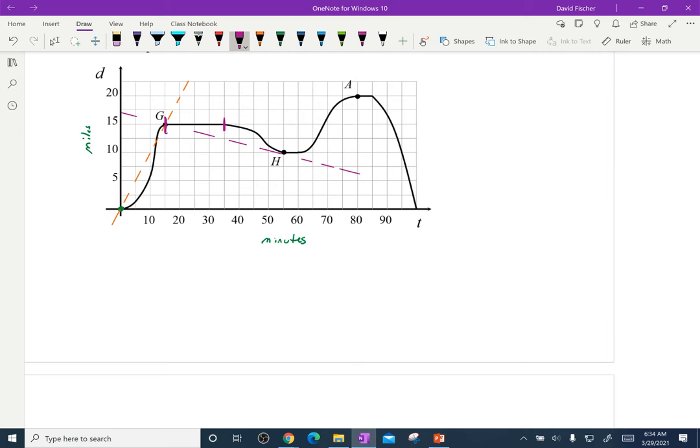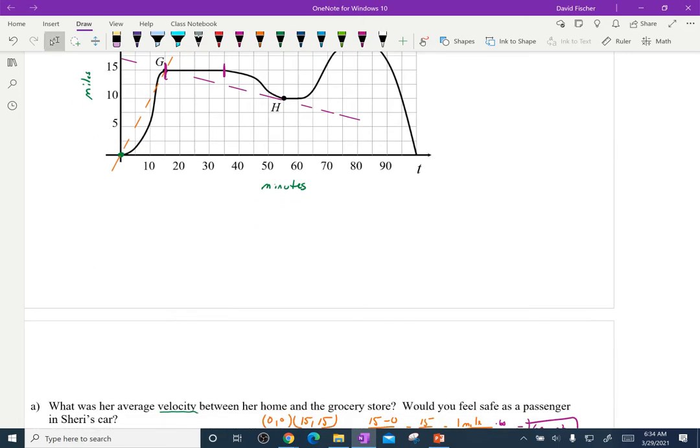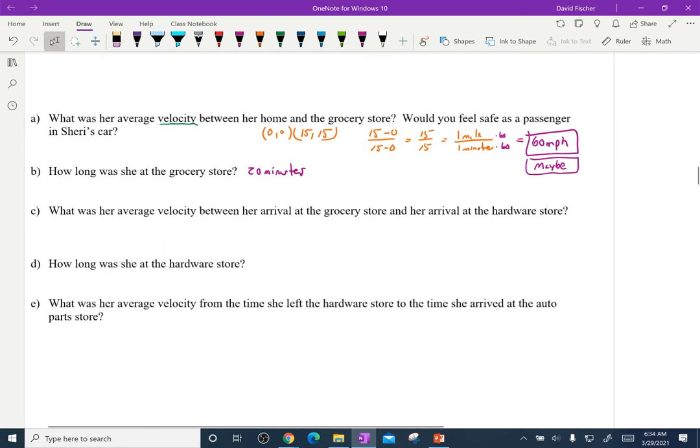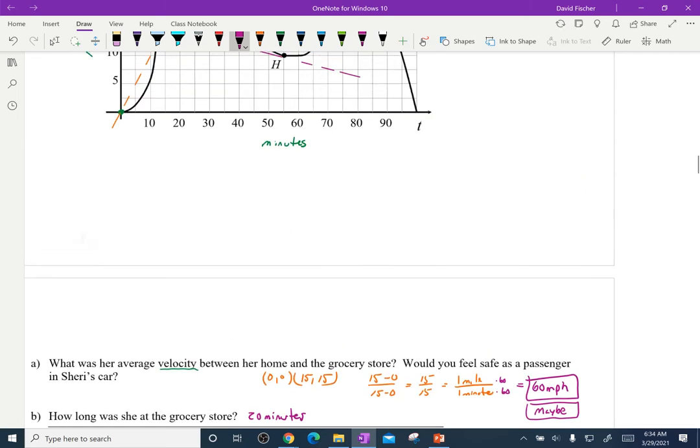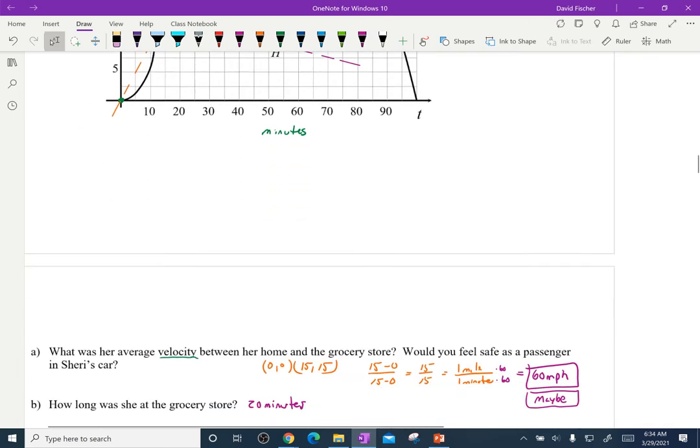So now let's do that. Looks like she's at 15, 15 when she got to the grocery store, and when she got to the hardware store, looks like 55, 10.